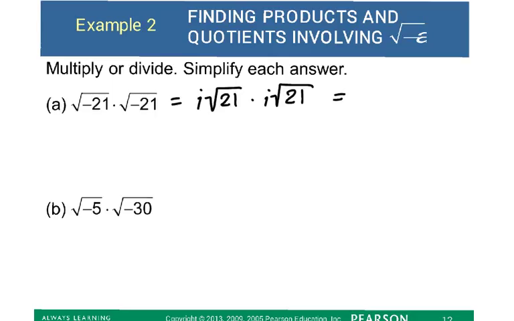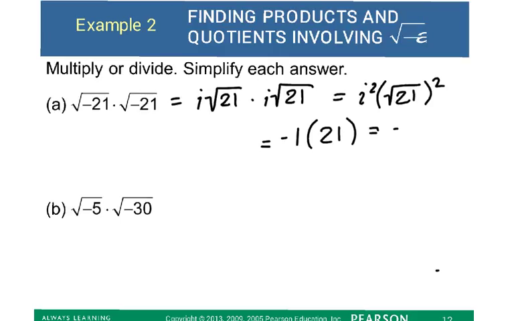This ends up giving us i squared times the square root of 21 squared. Sorry, forgot my squared. There. And i squared, like I said before, is -1. The square root of a number squared is just that number, so times 21. And we get our solution is -21.